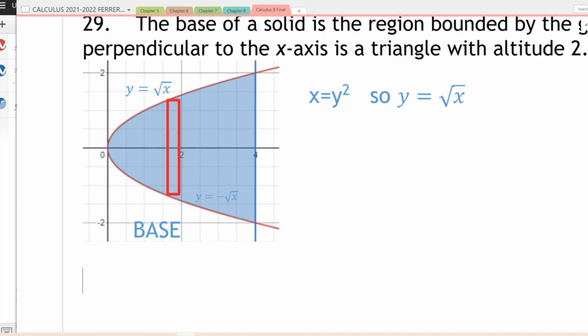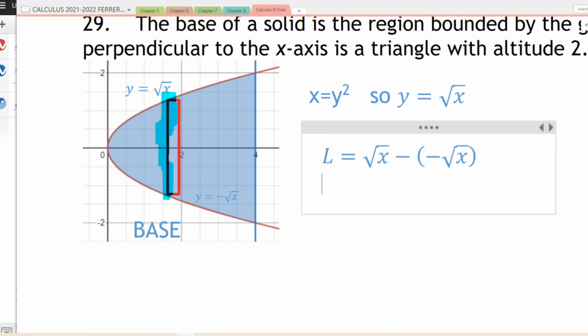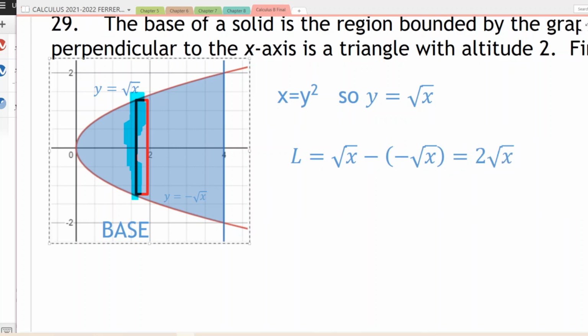And so if this cross-section goes from y equals negative square root of x to y equals square root of x, then the length of that footprint is going to be square root of x minus negative square root of x, which is the same thing as 2 square root of x.